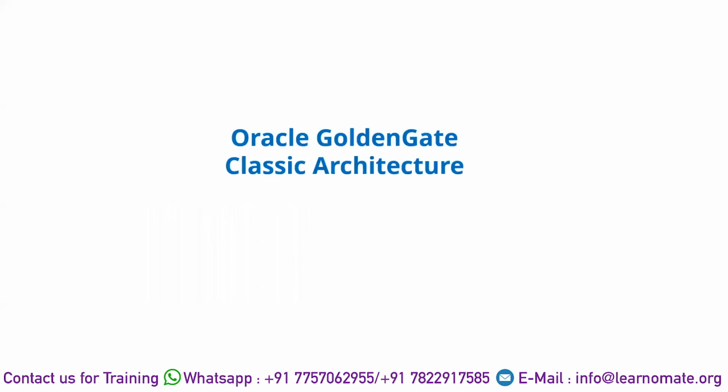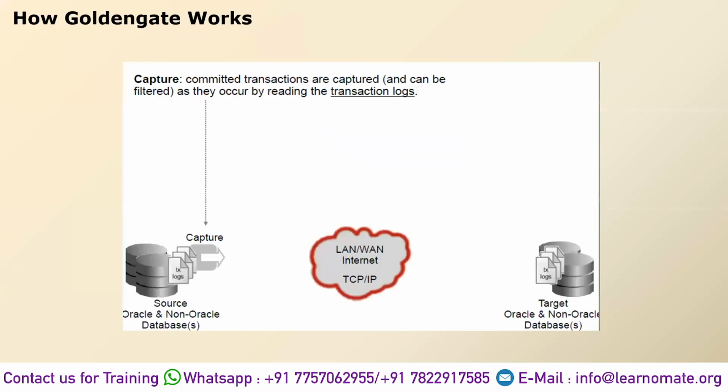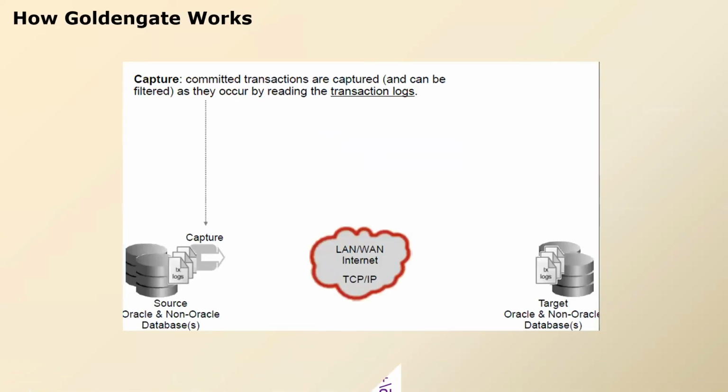Now let us discuss the architecture of Oracle GoldenGate, the Oracle GoldenGate classic architecture, and how data flow happens in GoldenGate. GoldenGate is a near real-time replication tool. Near real-time means as soon as the transaction happens on the source, it should be applied on the target database.